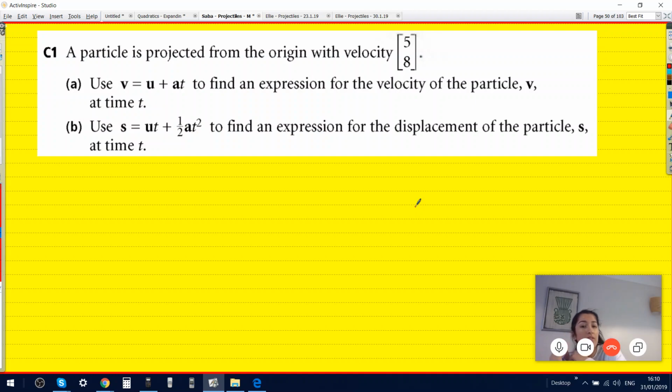A particle is projected from the origin with velocity 5i and 8j. Use v equals u plus at to find an expression for the velocity of the particle. Oh, is it 0 and minus 9.8?